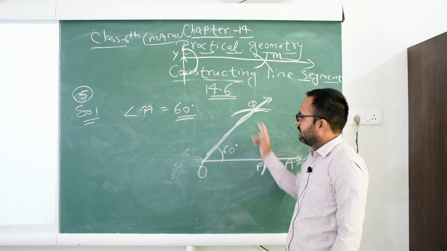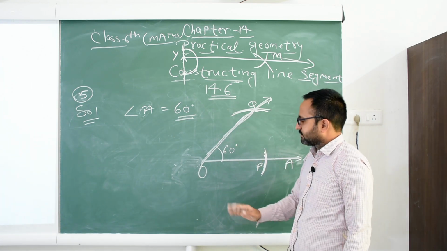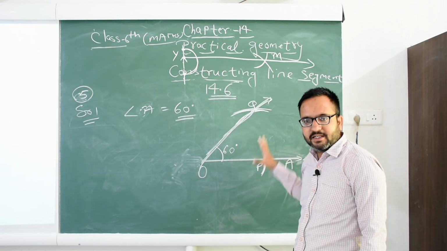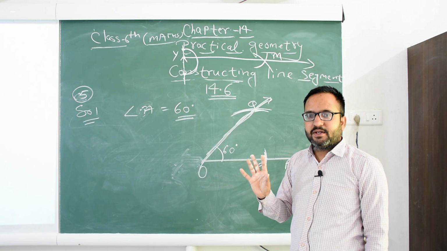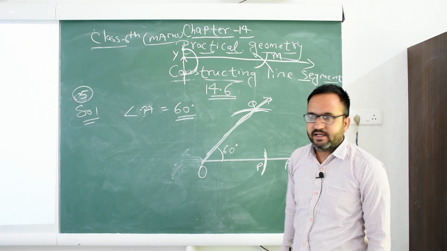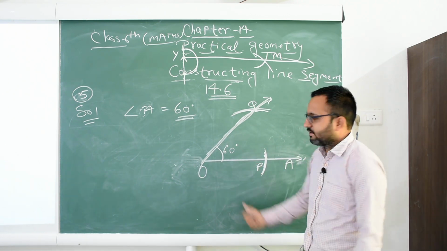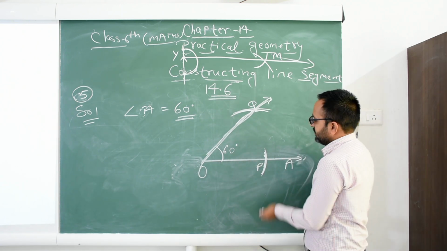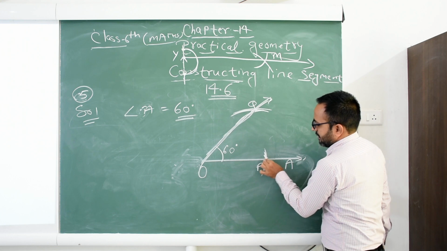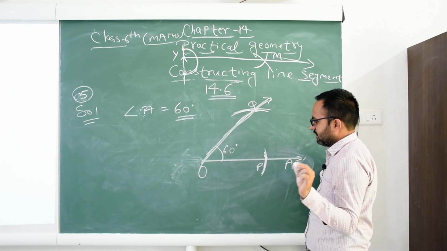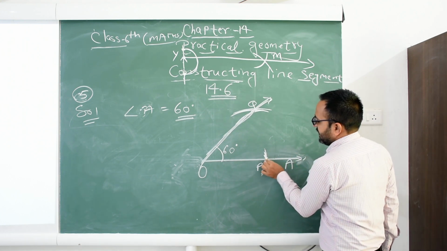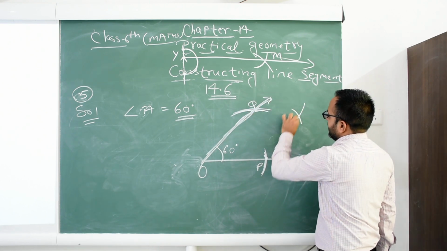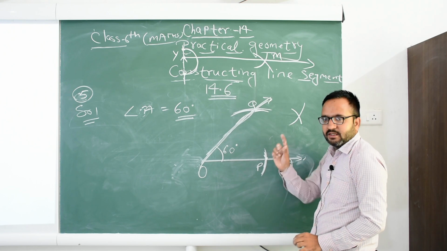Now if you want to draw the bisector of any angle, so this is your 60 degree angle. Now we try to bisect this angle. We take a sufficient radius, P as the center, cut an arc here, and Q as the center, cut an arc here with the same length.